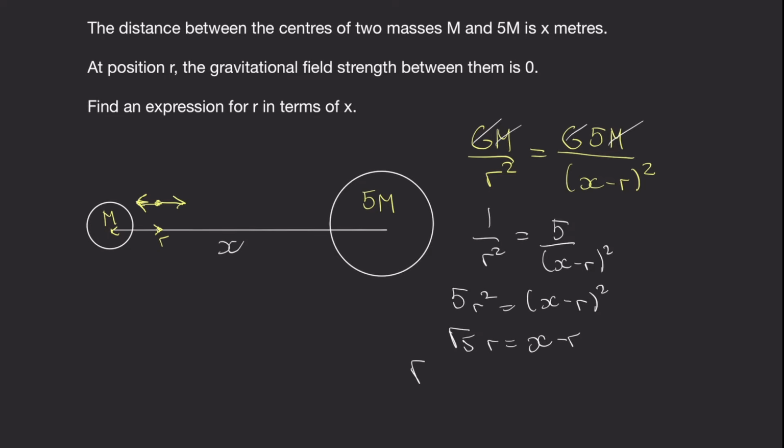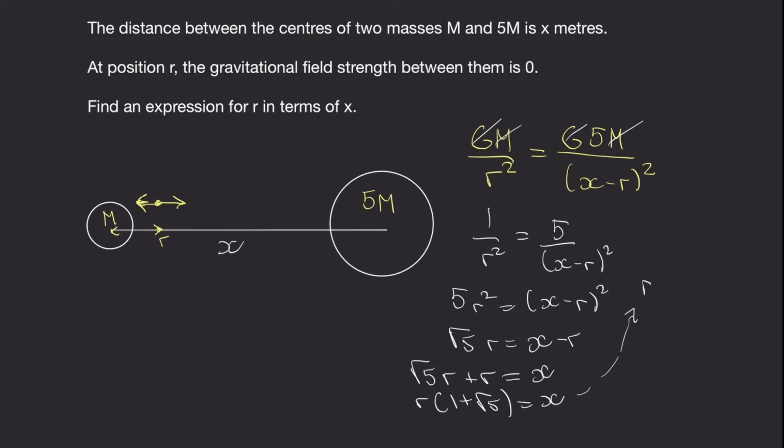Let's bring all the factors in terms of r on one side. So we're going to get root 5 r and then plus r is equal to x. This means that r (1 plus root 5) is equal to x. 1 plus root 5, we can just plug this into a calculator, which is around 3.24.